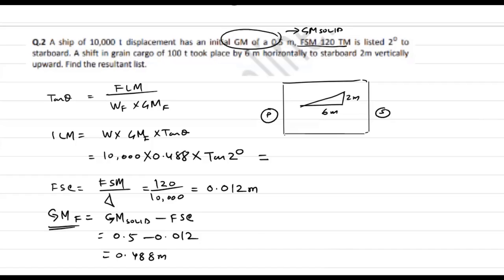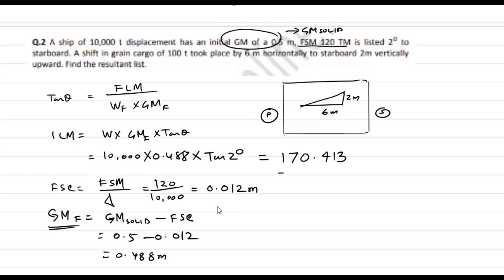Can you give me the values? 0.5 into 0.488. The answer is 170.413.